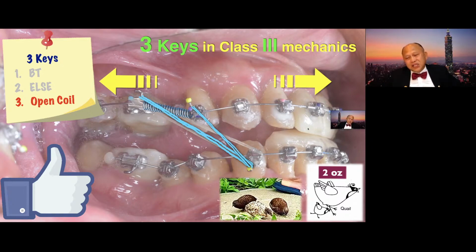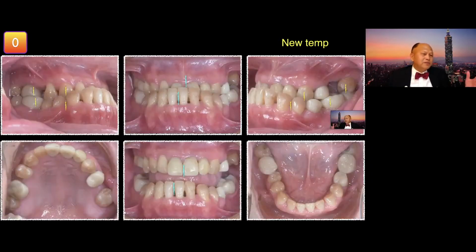And because the patient has a deep bite, once the patient bites the anterior bite turbo, the posterior becomes open bite. And this class 3 elastic will settle the posterior and reduce the posterior open bite. Isn't that wonderful? Every effect and side effect, we take advantage of both. That's Newton's law number 3.